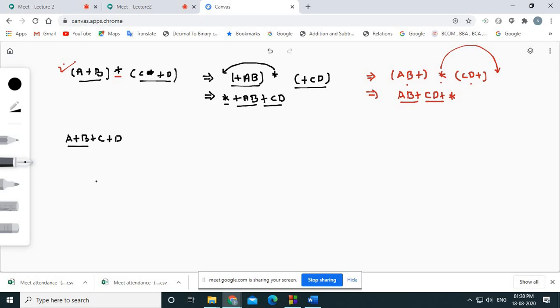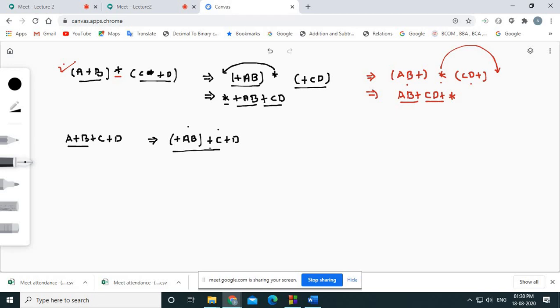So I am considering A plus B first. In the case of prefix, we convert A plus B into prefix, so plus AB, because prefix says the operator has to come first. Then plus C plus D. Now going from left to right, this is your first operand, plus AB, this is your second operand, C, and this is the operator.